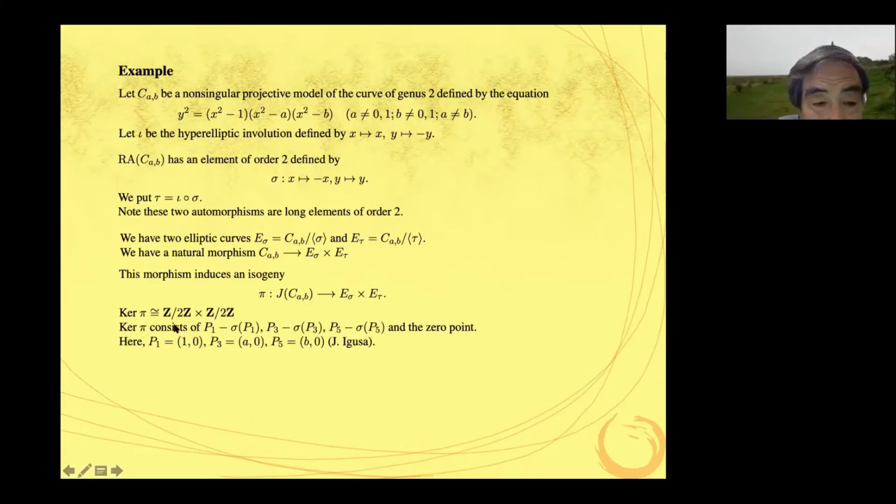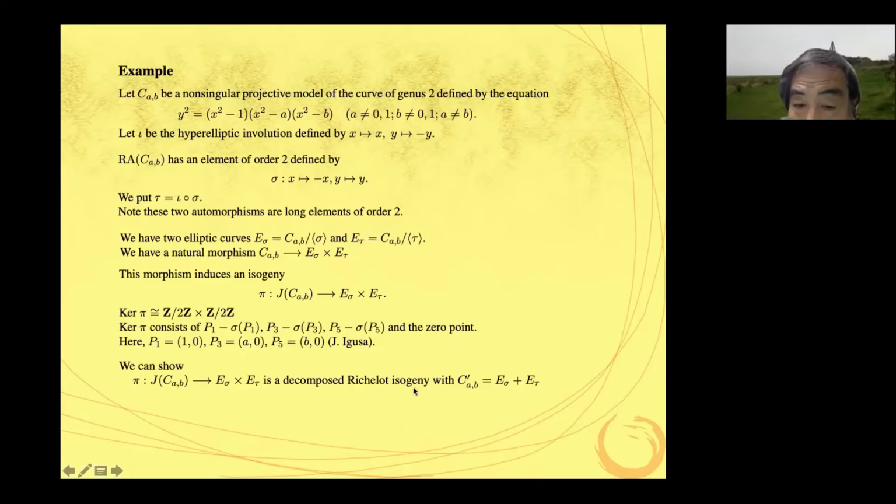The kernel of this is isomorphic to the product of Z/2 cross Z/2. And the kernel of pi consists of such elements, divisors on C_AB, like this. And so we can conclude this one is a decomposed Richelot isogeny, with the polarization here given like this.